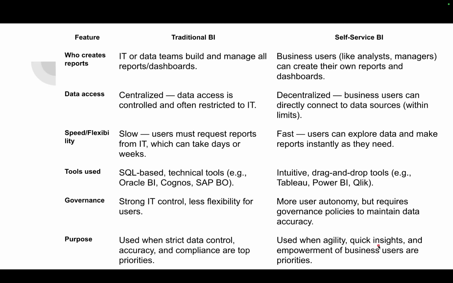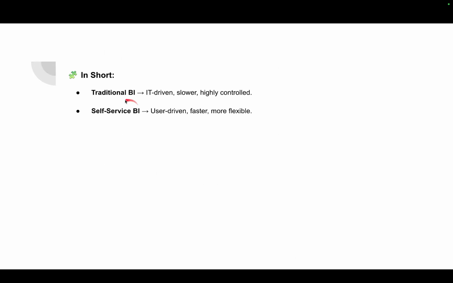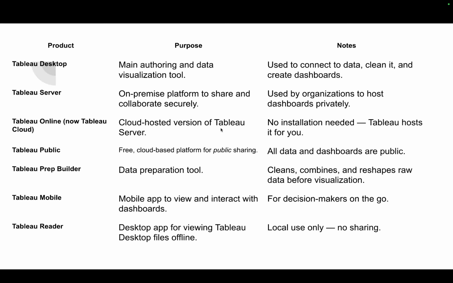For quick insight you can use this. So this comes under self-service BI. I hope this is clear. On a broader level, you can consider traditional BI as IT driven, slower and highly controlled, but self-service BI is user driven, faster and more flexible. That is the crux.